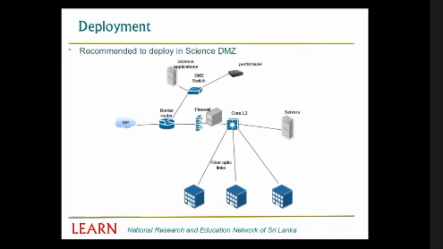So that's why we would like to have this perfSONAR node in this DMZ. Other scientific applications shared by other global collaborators will also be hosted within this Science DMZ.